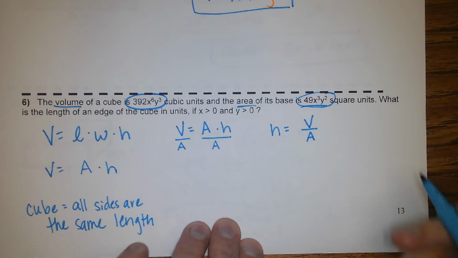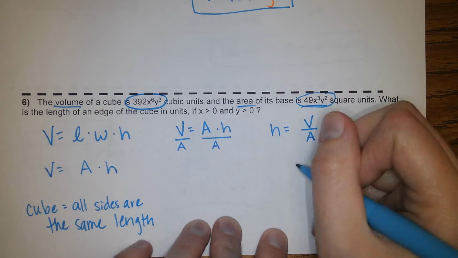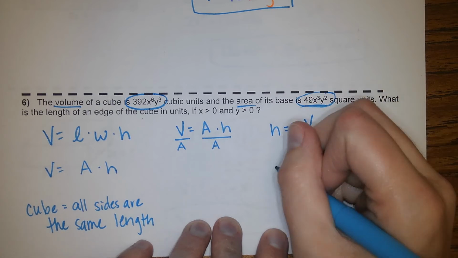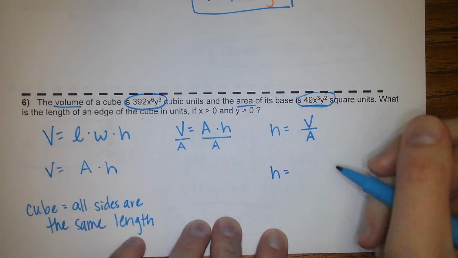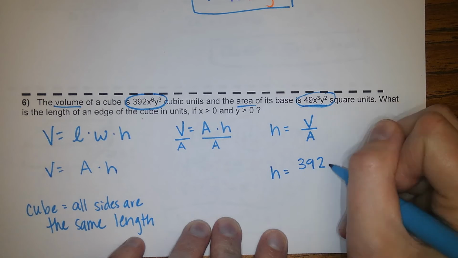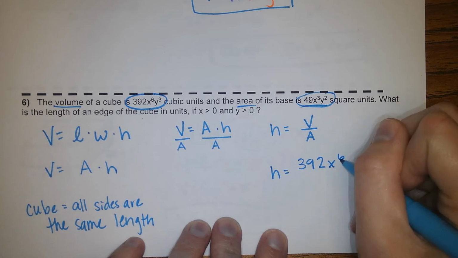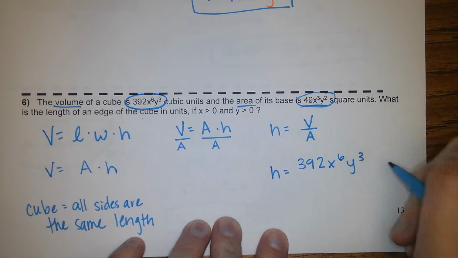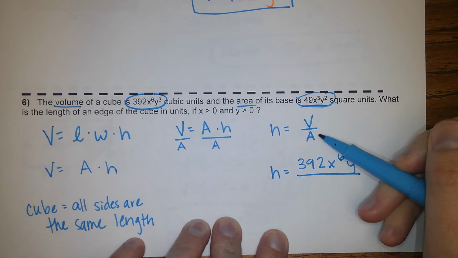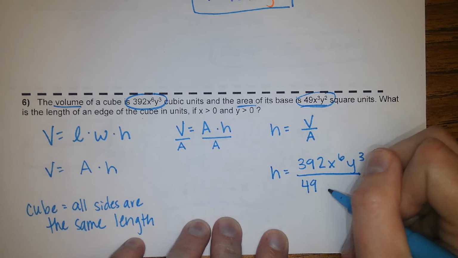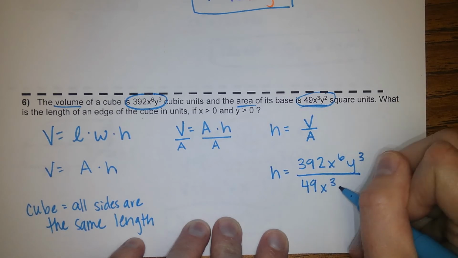All right, so here we go. So our length or our height, or however we want to write it, would be our volume, 392 x to the 6th y cubed, over our area, which is 49 x cubed y squared.